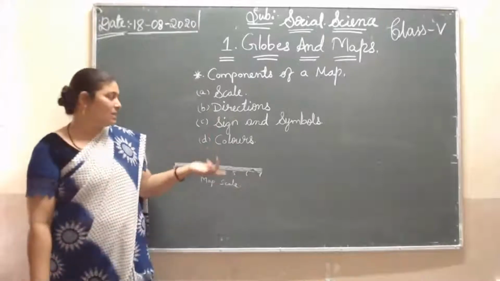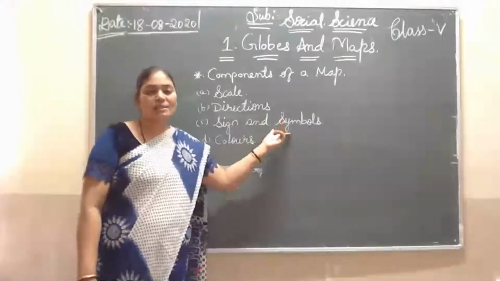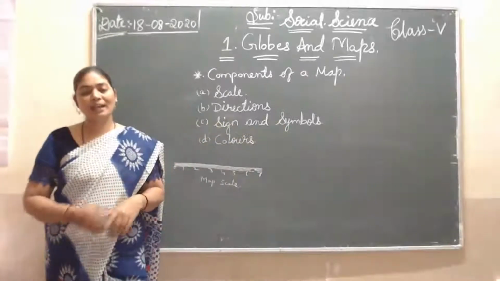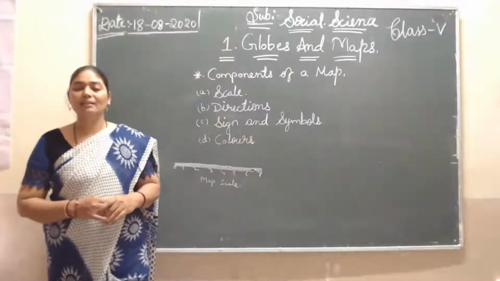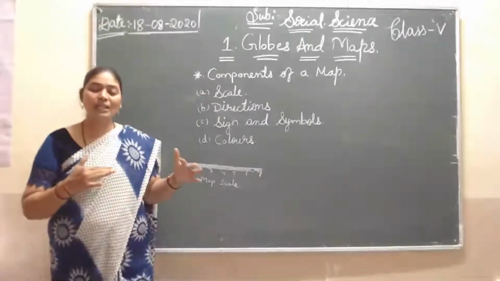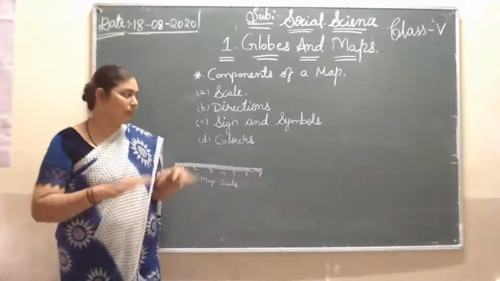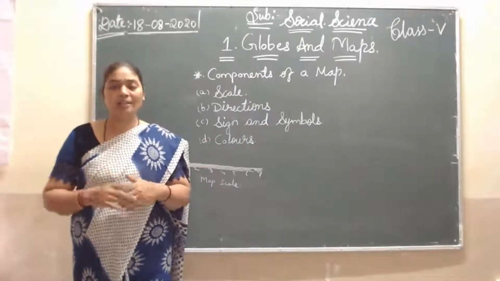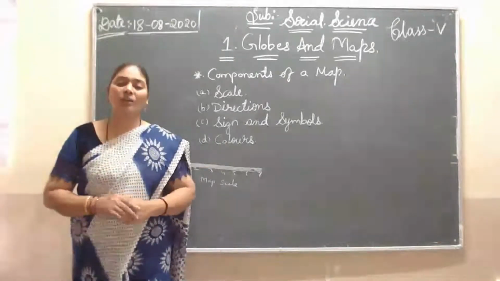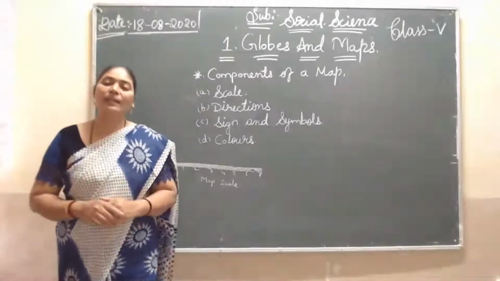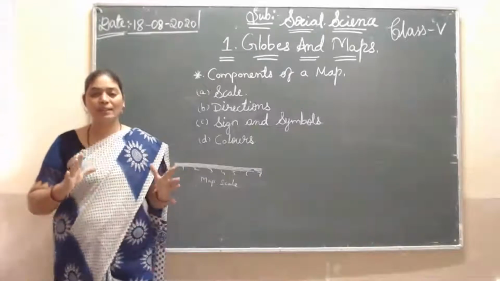Then next, signs and symbols. With the help of signs and symbols we can understand the map. For example, we want to see the mountains. We took a map of maybe a country, state, city or town, for example the India map, and we want to see the mountains.